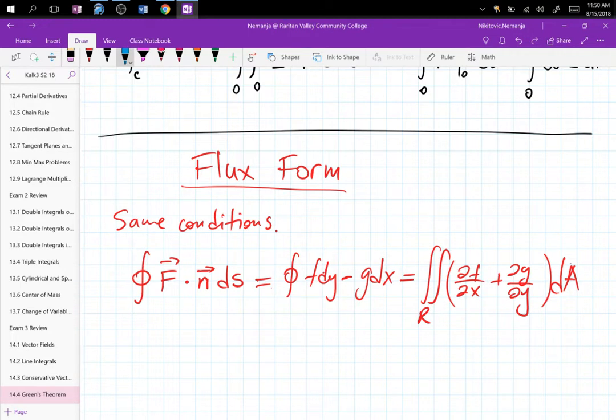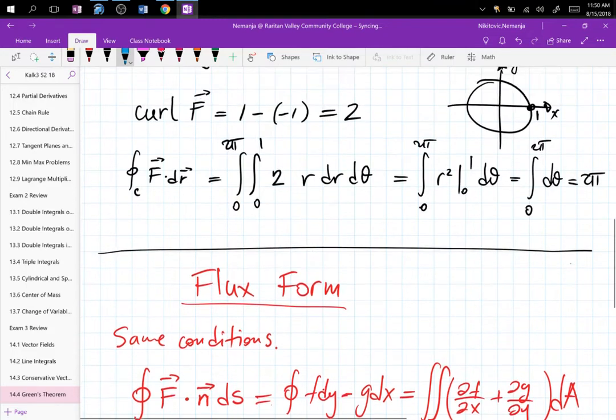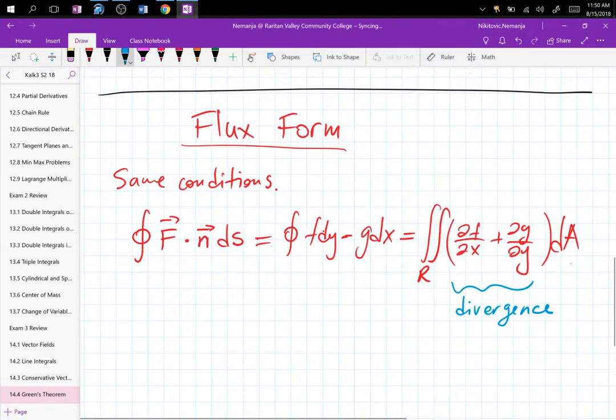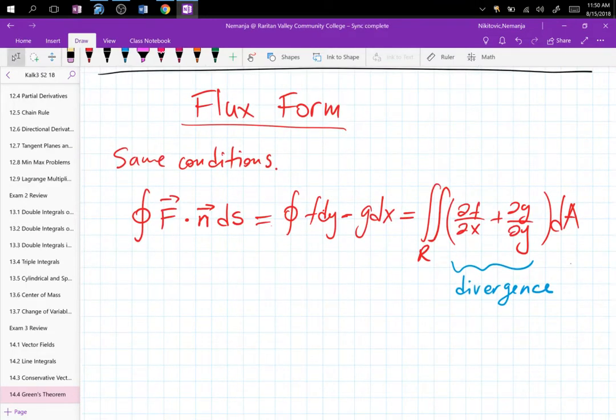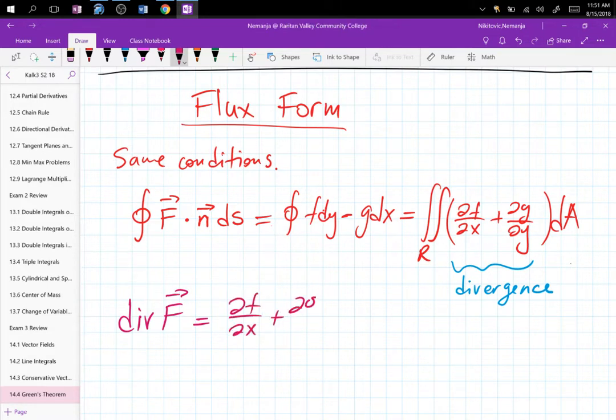And we call this two-dimensional divergence. So the way this is defined is that divergence of vector field F is equal to partial f, partial x, plus partial g, partial y.